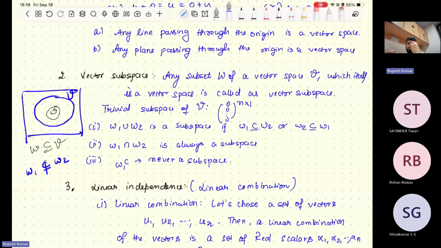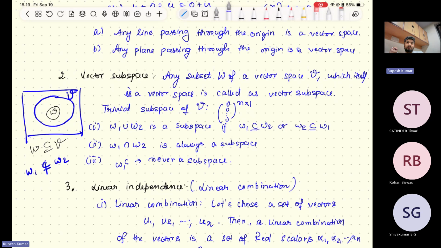It does not require the definition of U and W. If one of them is a subset of the other, then the union will be a subspace. That's it. In the question, if it is not a subset, that's not the problem. They are talking about general subsets. So the answer is correct in a way.